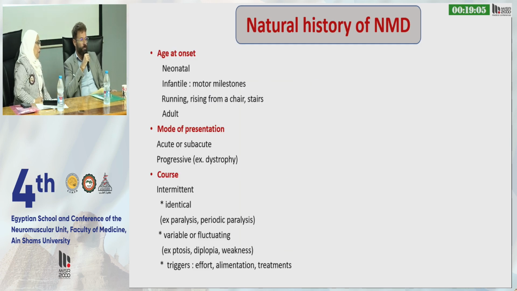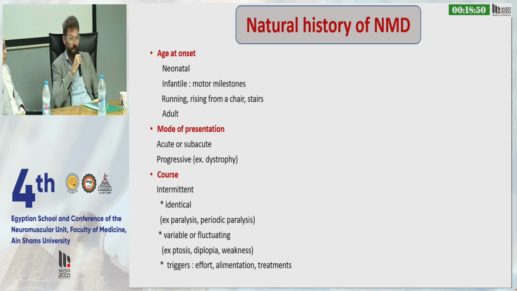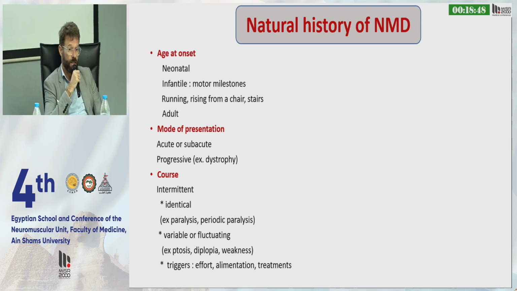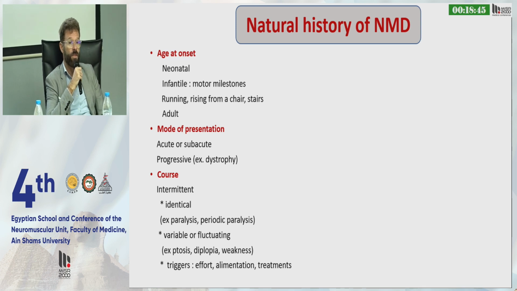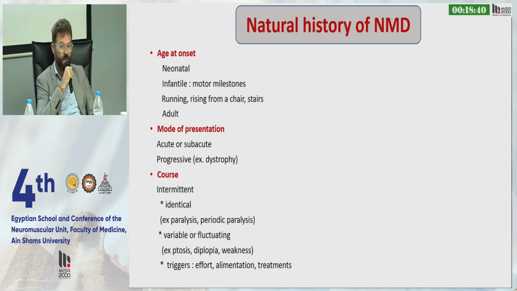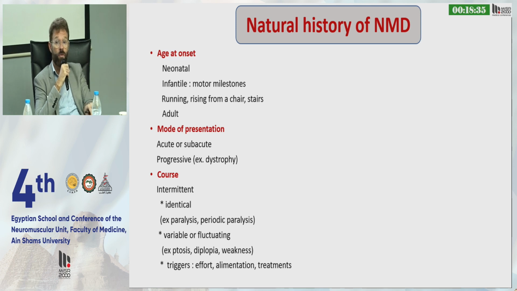So we mentioned the pattern, and then we have to trace the disease trajectory, the natural history, and always follow the age at onset that can be very early, neonatal, or sometimes antenatal. Always ask, in conditions that start very early, if the mother could feel the movement of the baby during the pregnancy, if there was hydramnios, if there was fetal akinesia that can be seen easily with ultrasound.